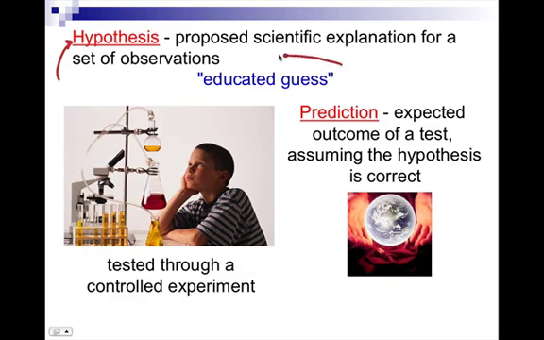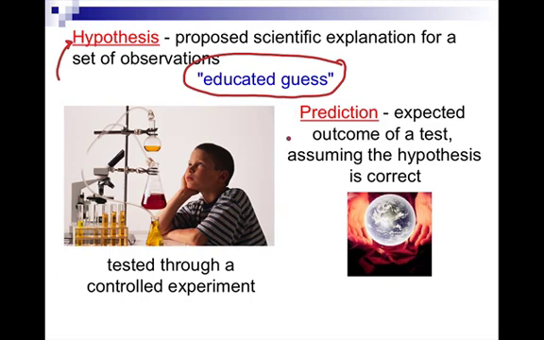And you may have at some point in time heard it referred to as an educated guess. And before we can do any type of experiment, we need to come up with a hypothesis. And as you're going to be doing some future labs, that's one of the key things that I'm going to require of you, is that you formulate some type of hypothesis.